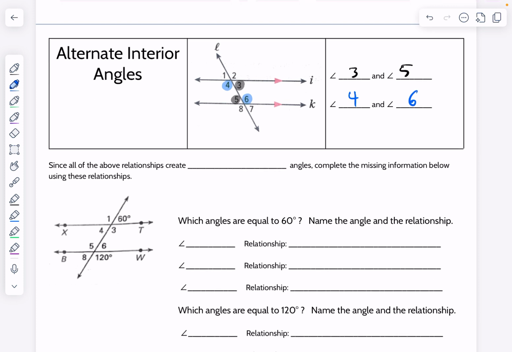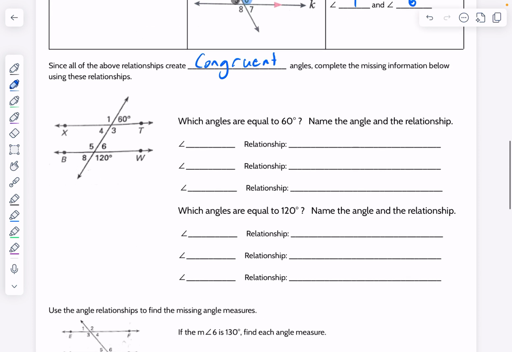Since all the above relationships create congruent angles, complete the missing information below using these relationships. First, it asks which angles are equivalent to 60 degrees, and then name the angles in the relationship.